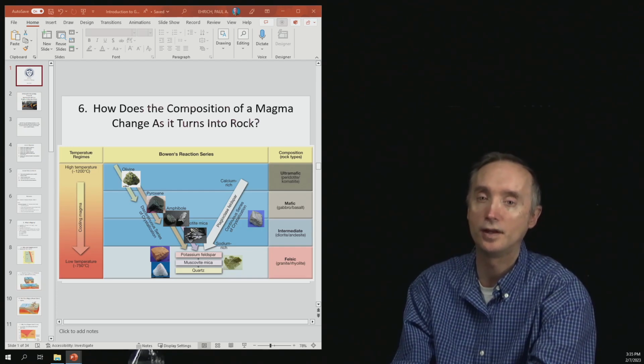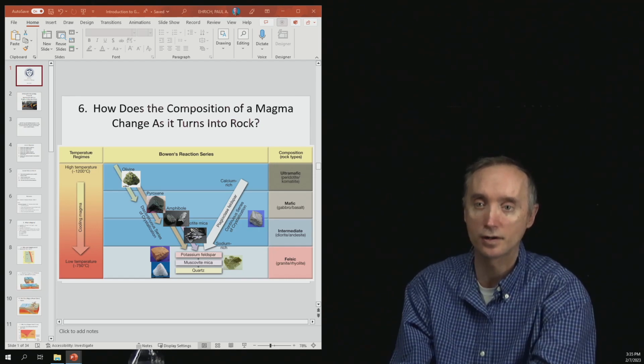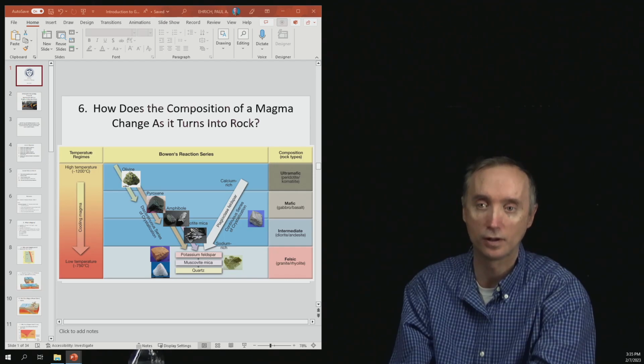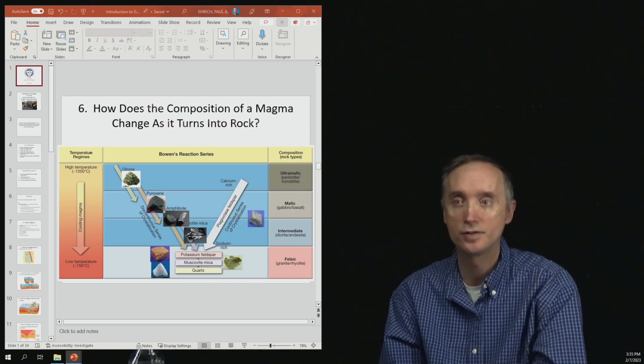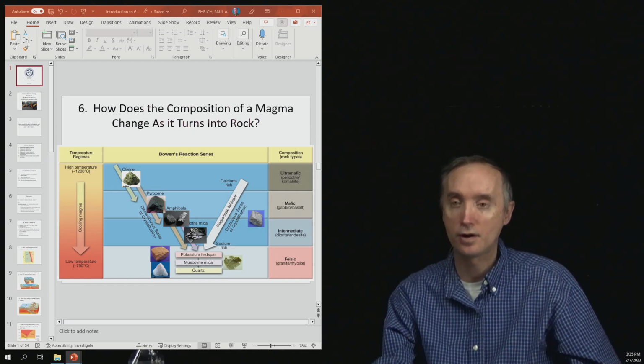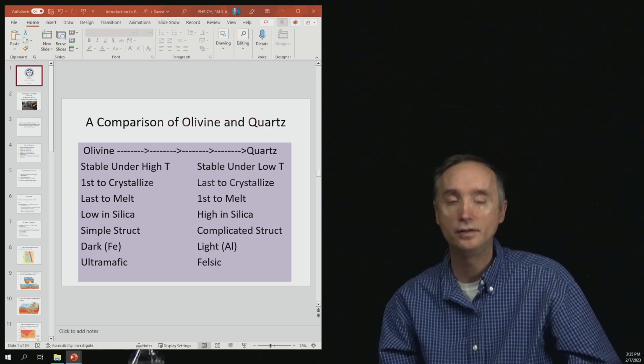In our next segments, we're going to talk about these kinds of rocks individually, what they're composed of, and what they look like. So that was Bowen's reaction series. I will see you then in our next segment where we want to compare olivine and quartz.